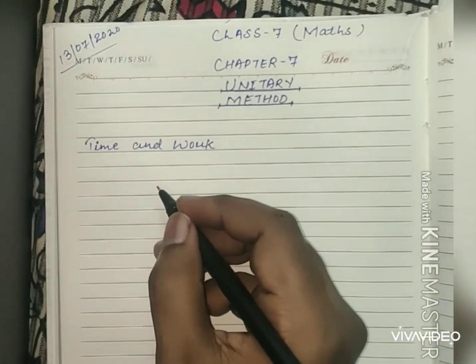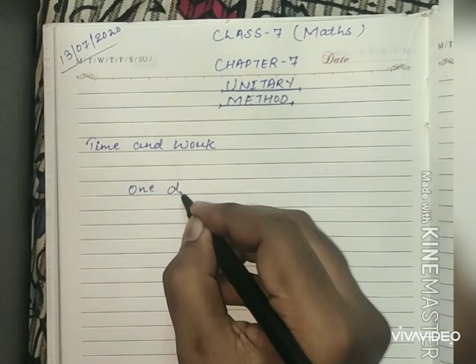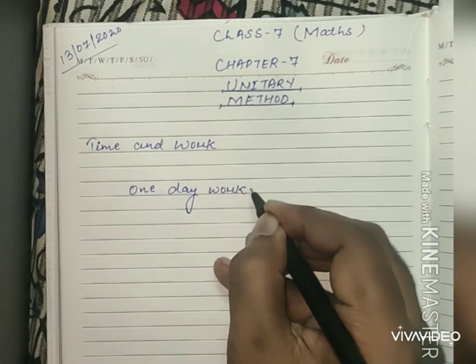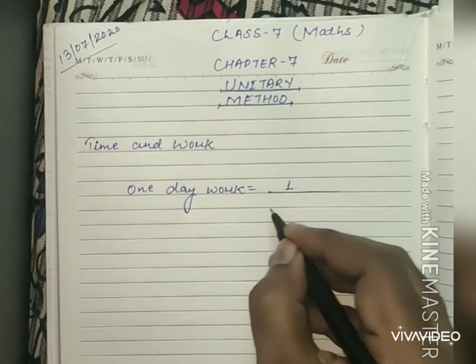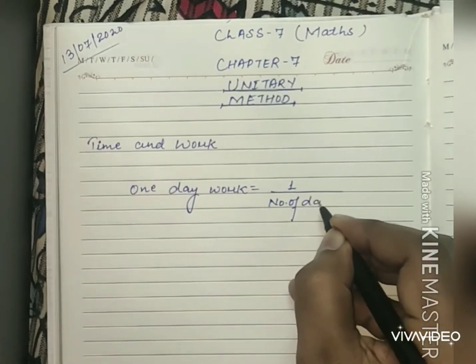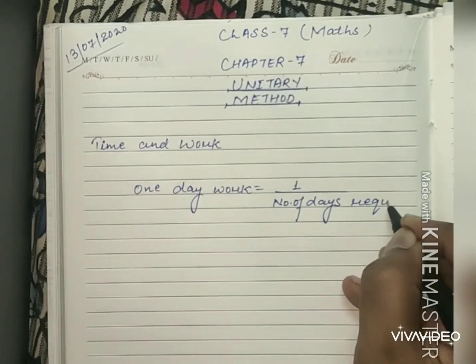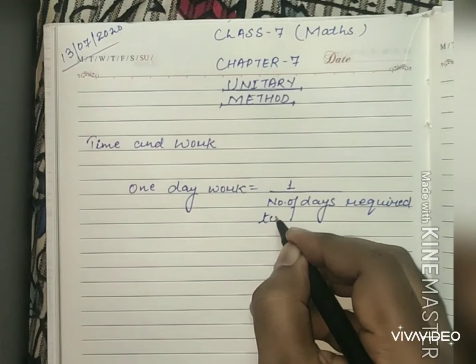In time and work, there is a formula. One day work is equal to 1 upon the number of days required to complete the work.